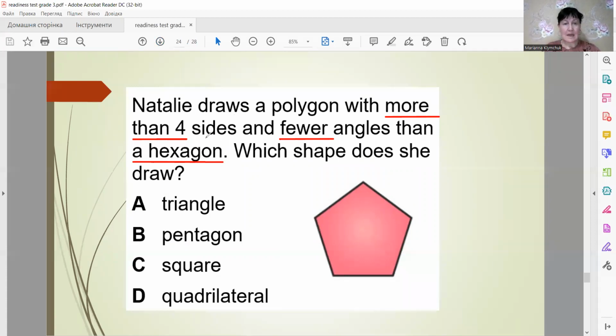If you remember that hexa is number 6, so it's more than 4, but fewer than 6. What number is it? Everyone in the class told me that this is number 5. Greater than 4, but less than 6. It's number 5, yes? And number 5, what do we know? The pentagon is about number 5. That's why this is our answer.